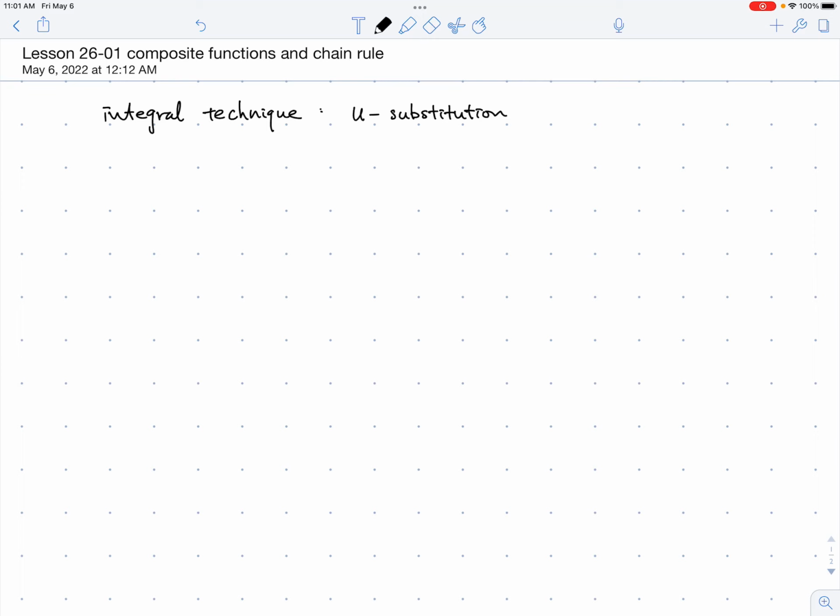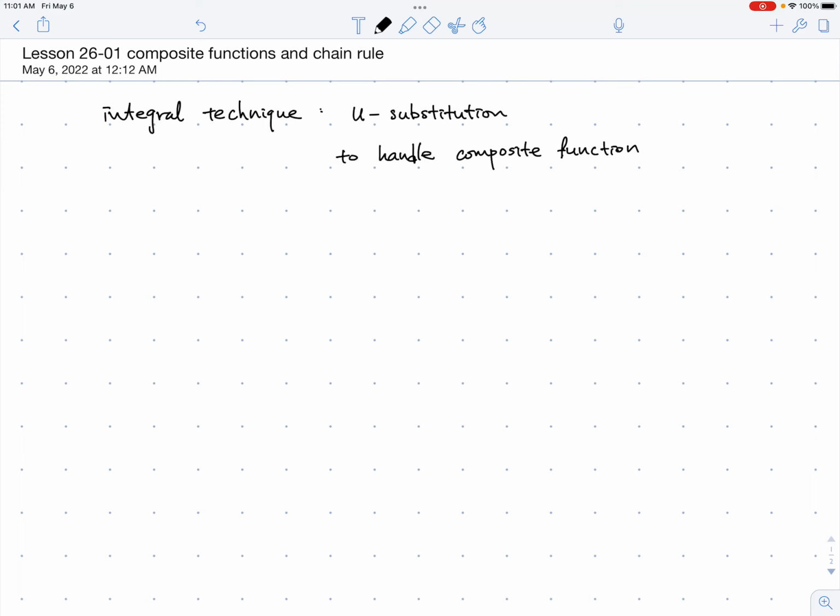U substitution is used to handle composite functions. Meaning, when the integrand inside the integral that you have is a composite function, then we can use this technique, u substitution, to handle the integral.